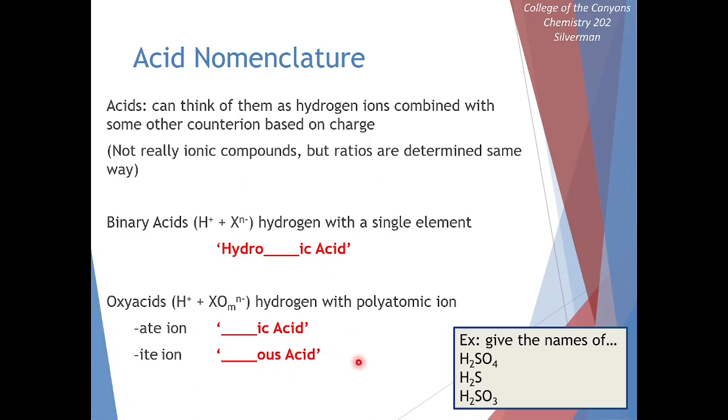The other option, we can have our H+ combined with some polyatomic ion to form what's known as oxyacids. Depending on the type of polyatomic ion, we're going to have two different names. If our polyatomic ion ends with ate, we can change this to ic acid. So hydrogen combined with sulfate, we can call this sulfuric acid.